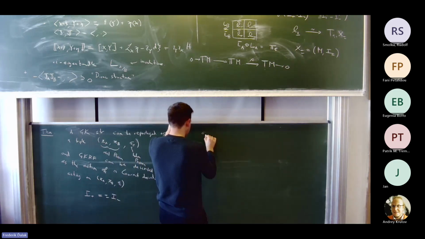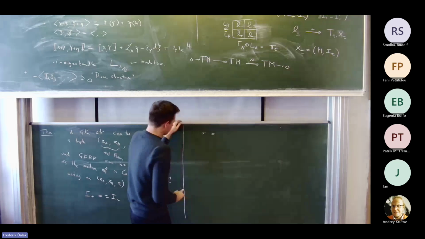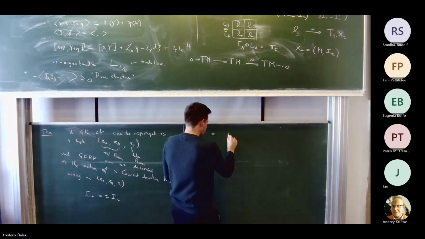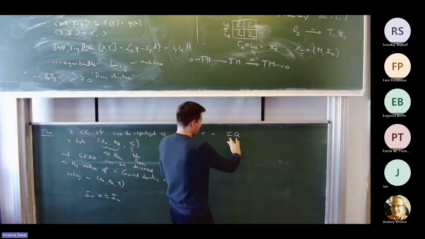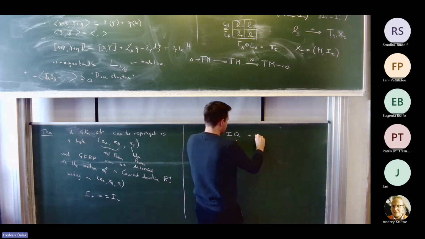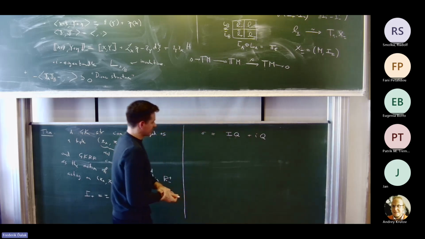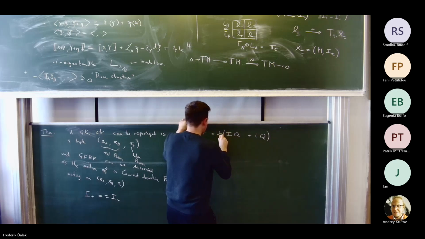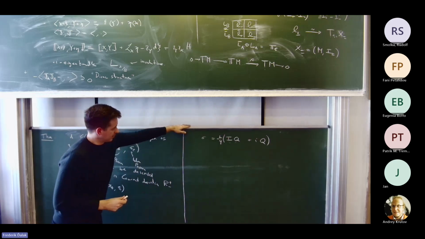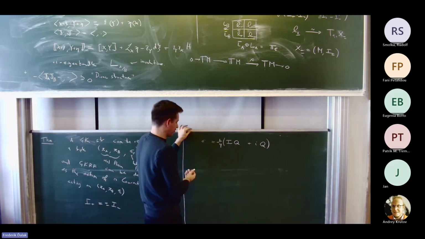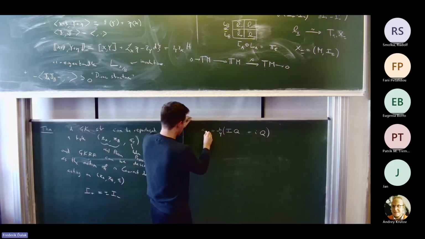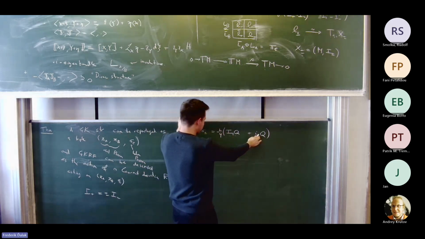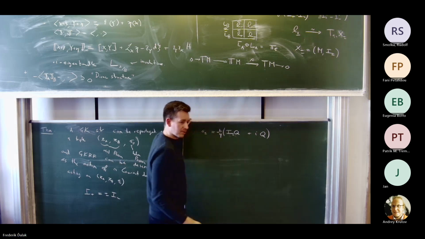Any holomorphic Poisson structure can be written by decomposing it into its real and imaginary parts, and that's what I'm going to do. In general the real part is related to the imaginary part in this way, just because it's a 2-0 tensor. Q is the imaginary part of the Poisson structure.